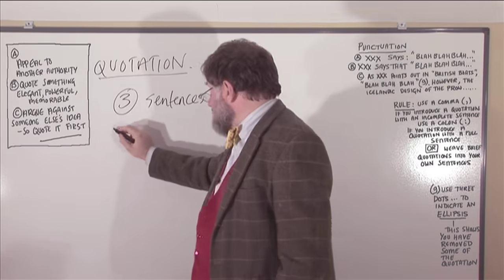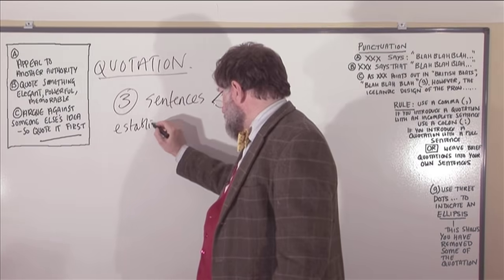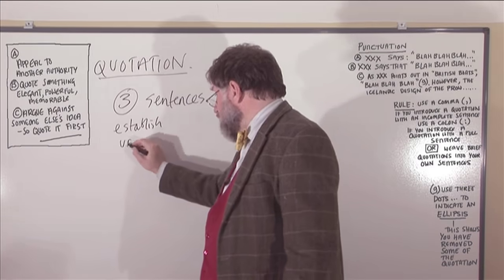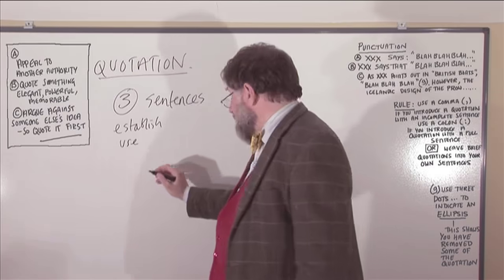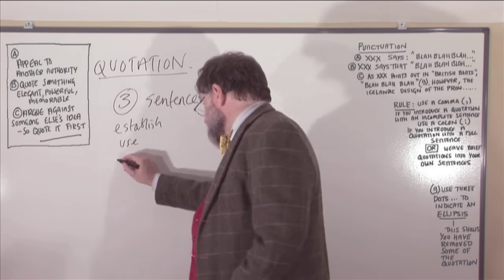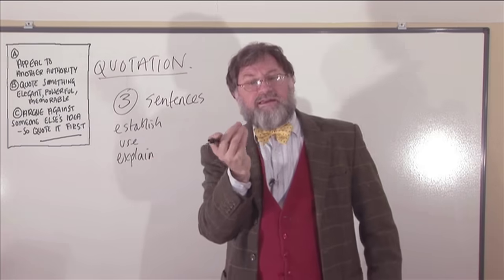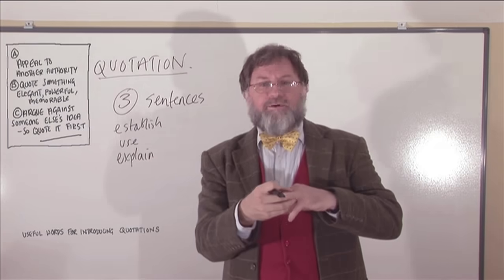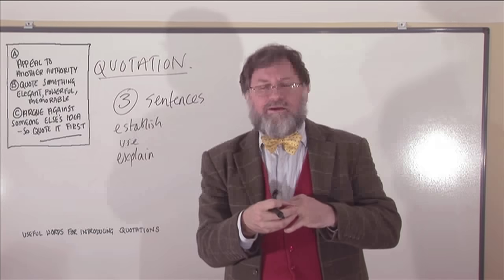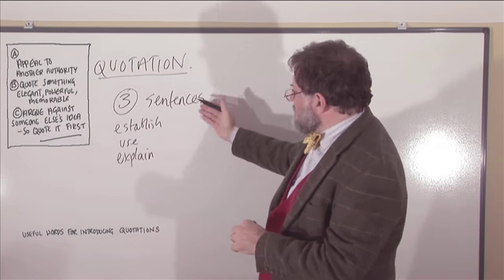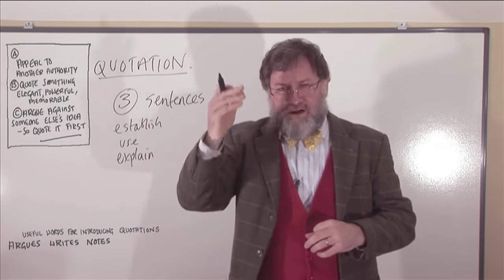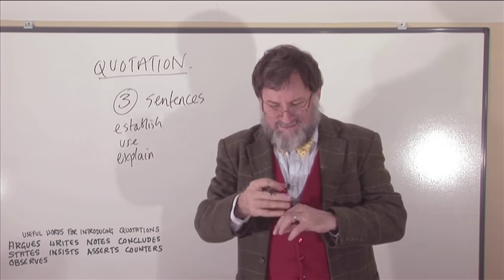A sentence to establish the quotation, to use the quotation, to quote, and then to explain the quotation. It's like taking a jewel from a ring. You look at the ring and you think, oh gosh, what a wonderful ring, how bright and glistening it is, how sparkly it is.